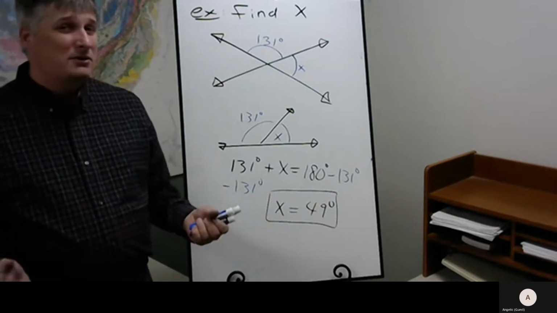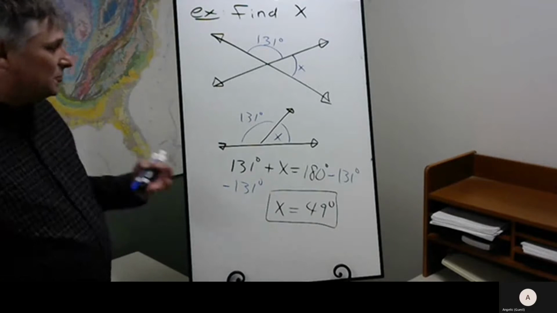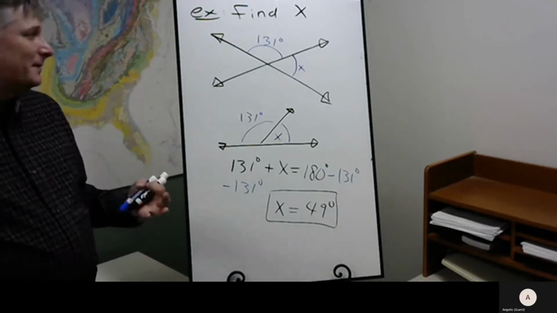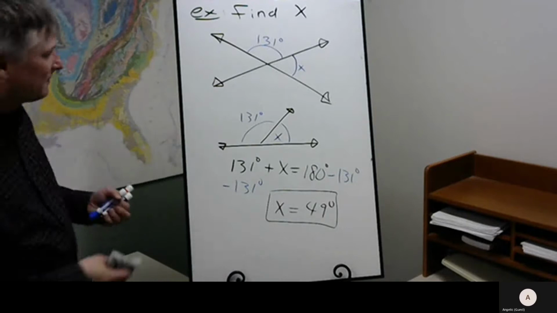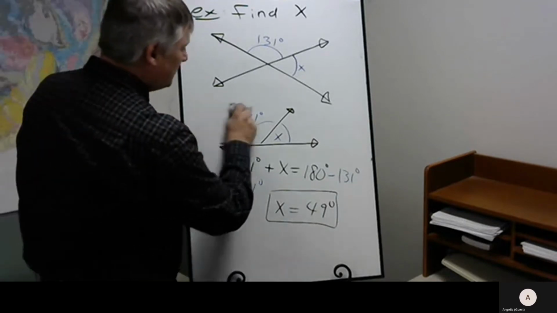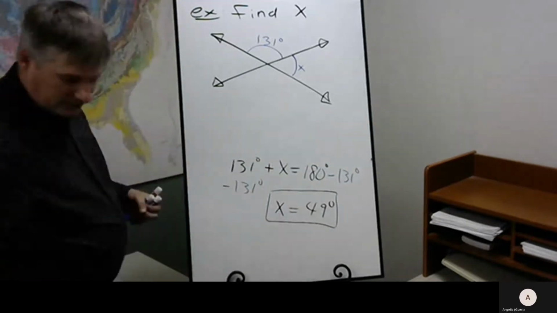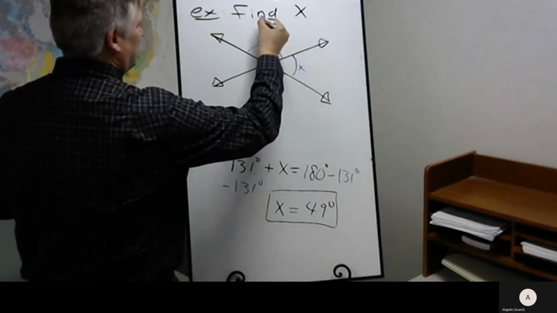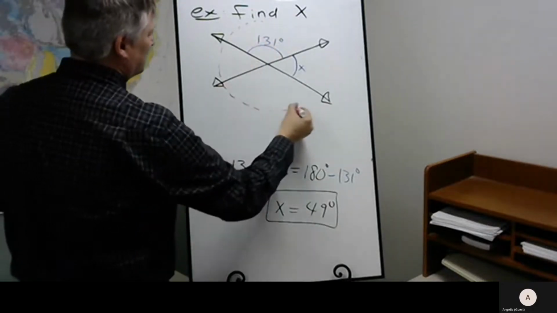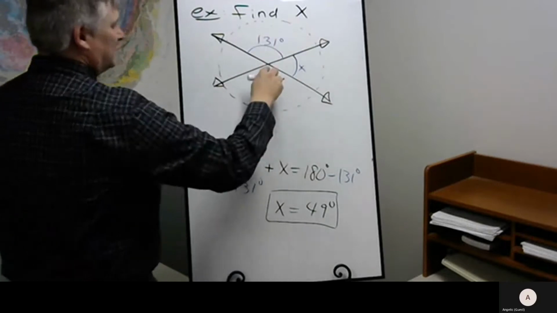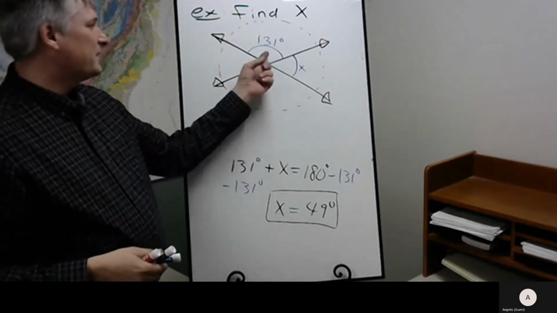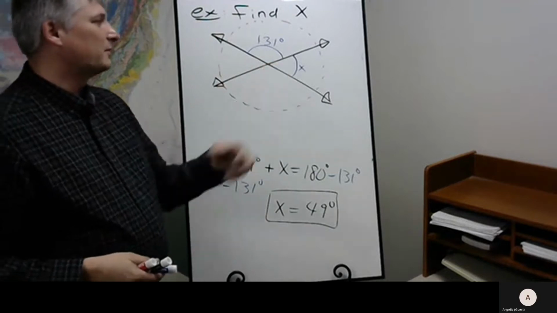Now there's another way you could do this too. And this is using the rule of vertical angles. And I think it's a little more complicated, but it still works. What we could do is we can imagine a circle centered here. So we have this angle, this angle, this angle, and this angle.